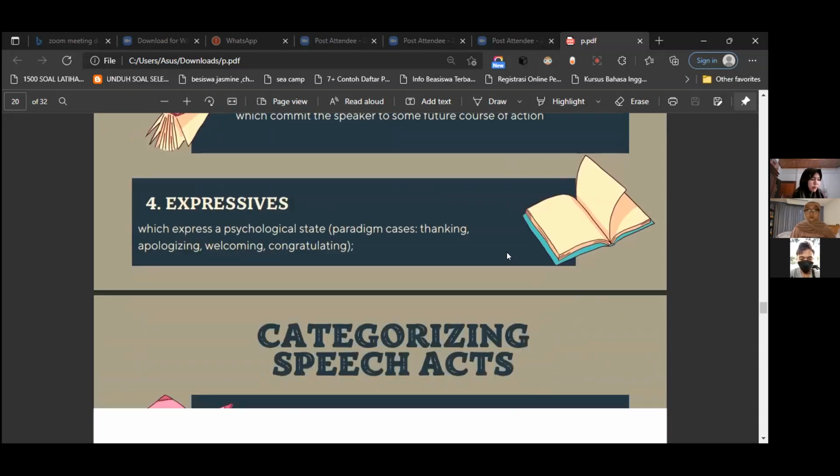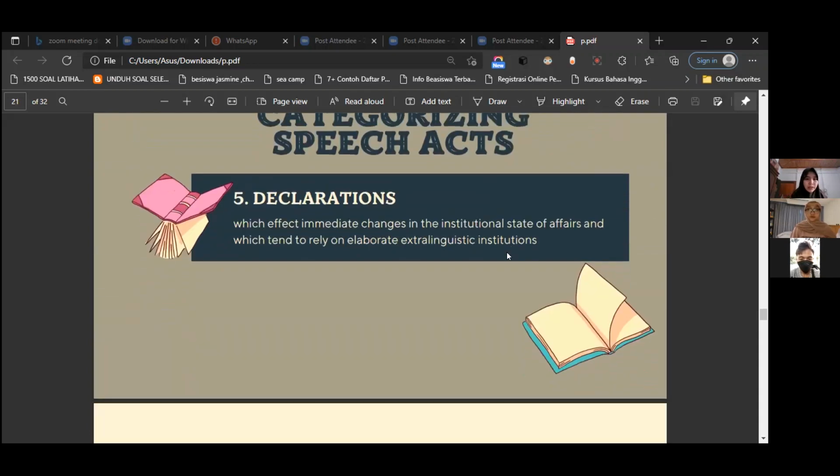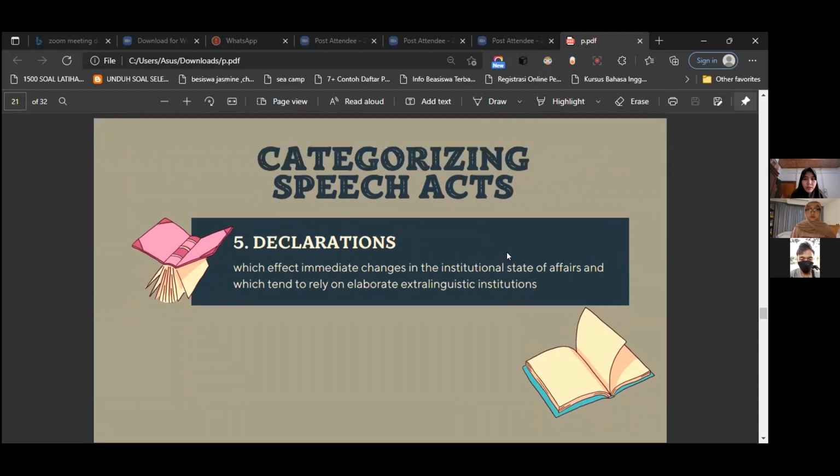And the last is declaration. Declaration is something formal, which effects an immediate change in the institutional state of affairs and which tends to rely on elaborate extra-linguistic institutions. We can find it in cases like excommunicating, declaring war, christening, marrying, firing from employment.